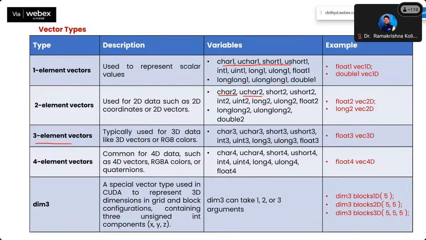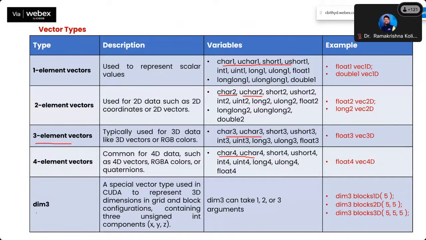There is also a three element vector, typically used with 3D data, such as RGB color or any 3D vector. Simply, if any object has three different parameters associated with it, in that scenario you use these variables. Similarly, a four element vector is there. So these four are there, and we can use them for various applications.